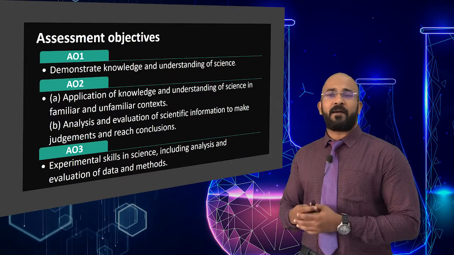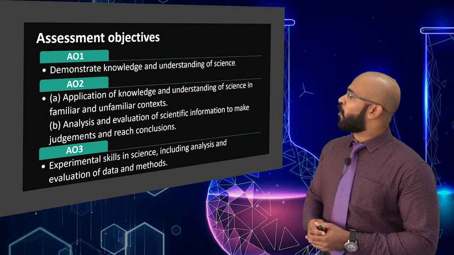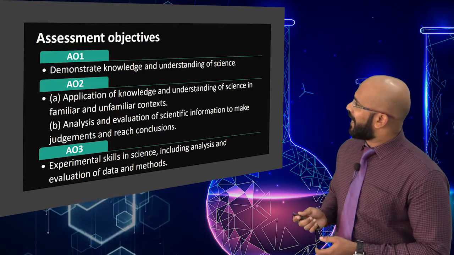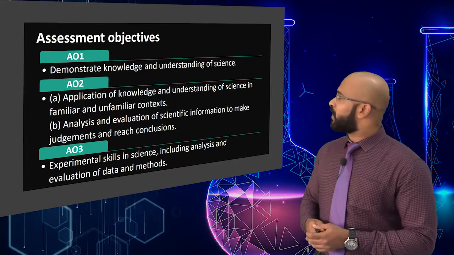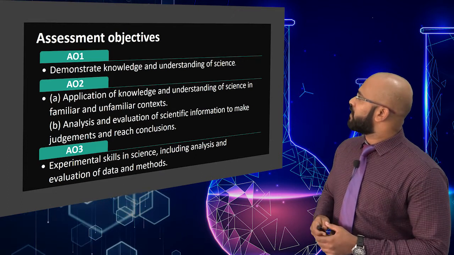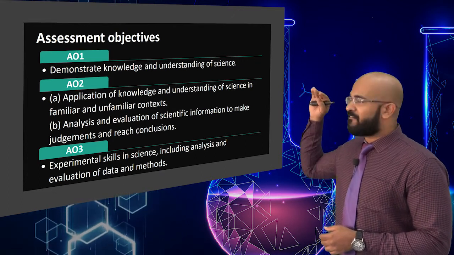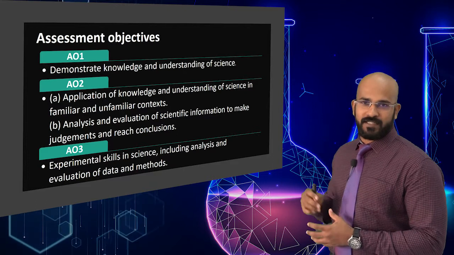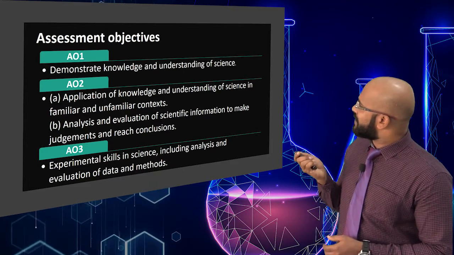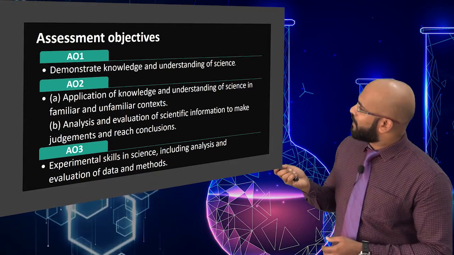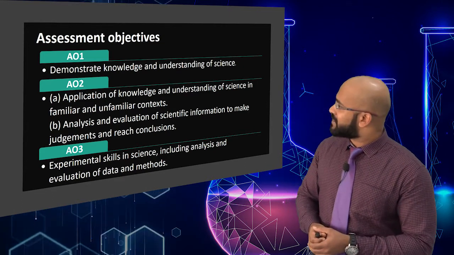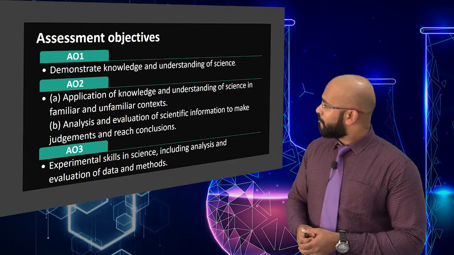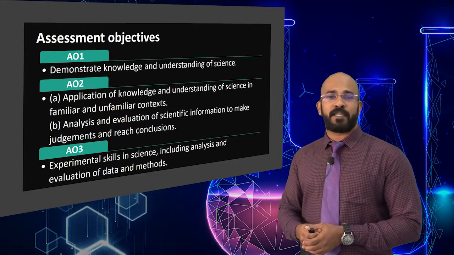There are a number of assessment objectives, as you can see, AO1, AO2, AO3. Don't worry, simply speaking, you can expect different levels of questions. That means understanding level questions, application level questions, analysis level questions, and questions assessing experimental skills.